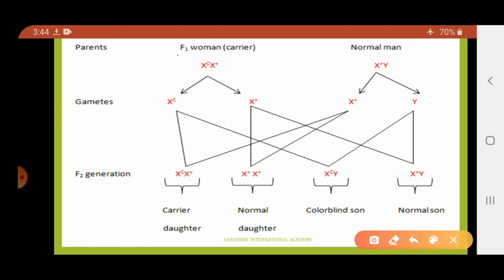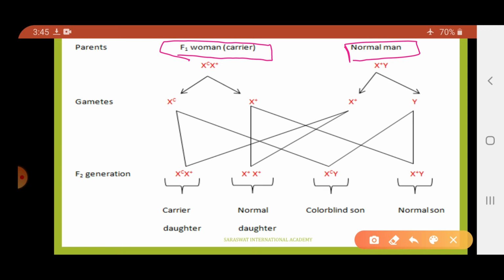See students, a woman is a carrier. I told you, I am showing you the inheritance pattern. Here the woman is a carrier and a male is normal, and in that condition I told you that there is a 50% chance that a son born through such a union will be color blind. Now see students how it is represented.